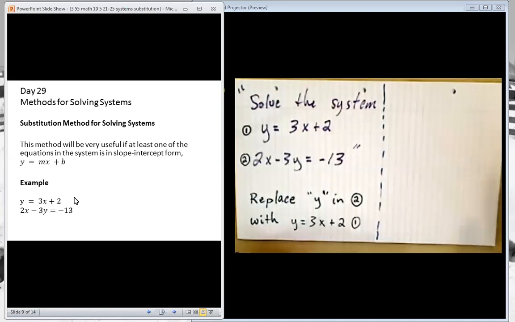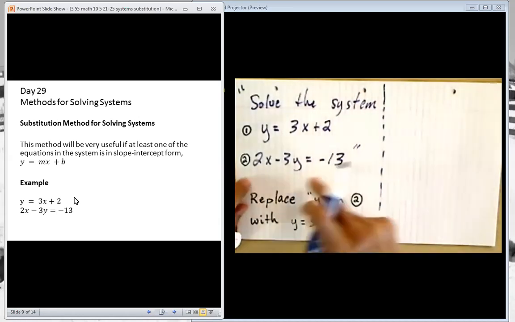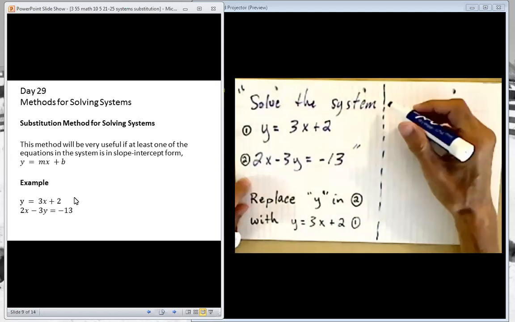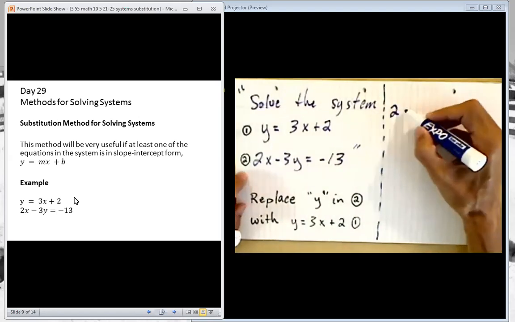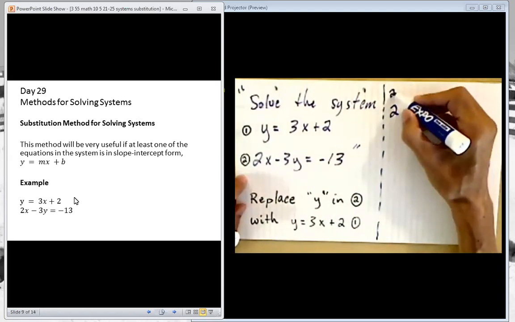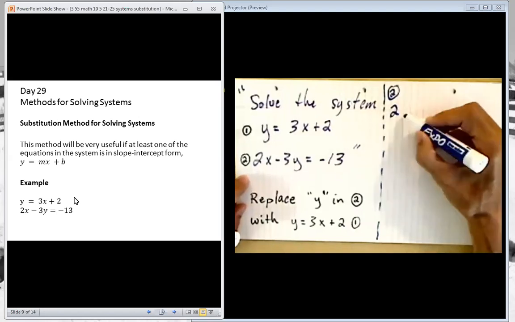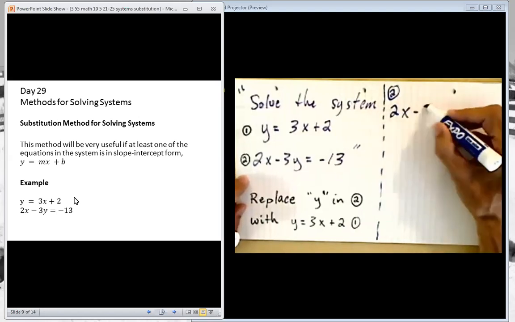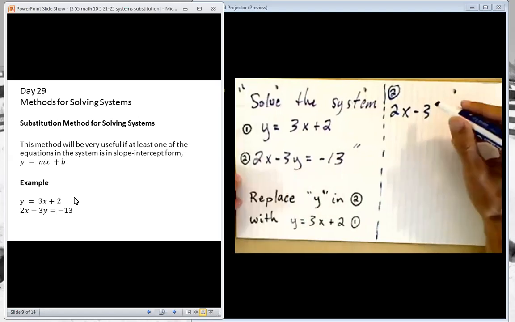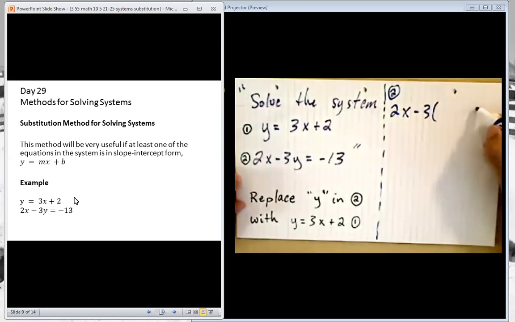Okay, because we're replacing this one, everything else stays. What you can do is write it like this: equation 2 becomes 2x minus 3, and y is what we're going to be replacing, right? So we're just going to put a set of brackets there, and we can fill those up with the replacement we're going to use.